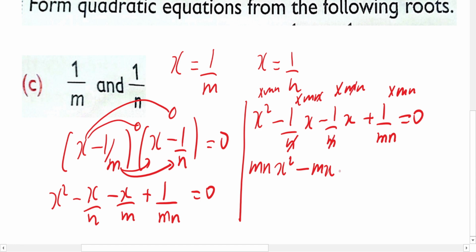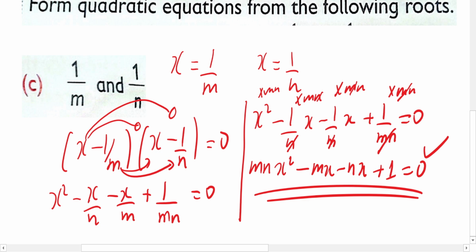The m cancels, therefore you're going to get minus nx, and the m and n cancel out, you're going to get plus 1 equal to 0. I think that is much more suitable. If you want, you can factorize this one, but it's better just to write it this way, don't confuse yourself. So yeah, that is your answer to this question.